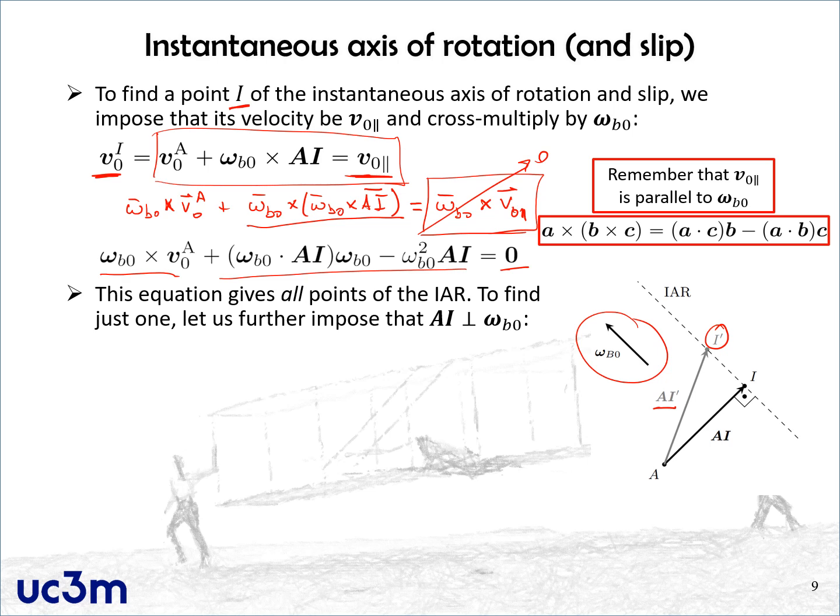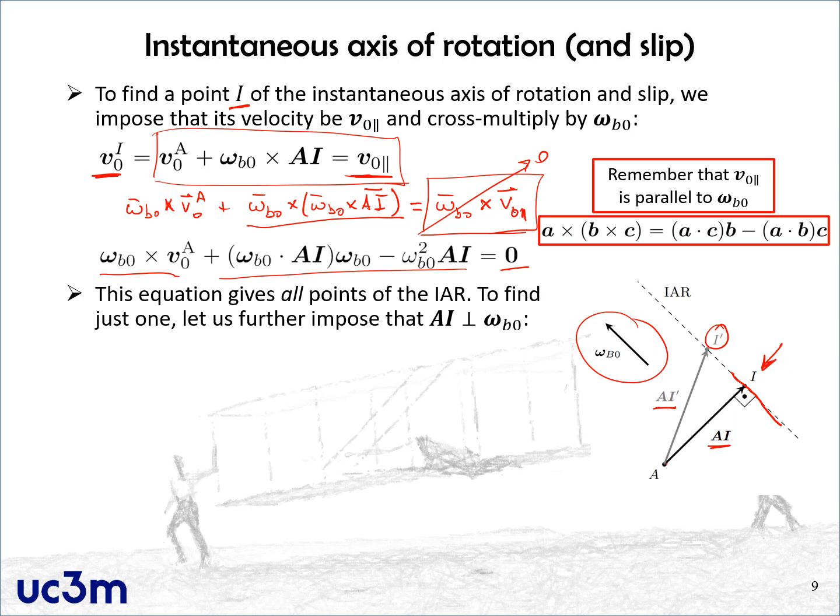So in order to simplify our lives, one thing that we can do is to find the easiest point. For example, let us try to get the point such that if you take the vector AI, that vector will be orthogonal to the instantaneous axis of rotation.